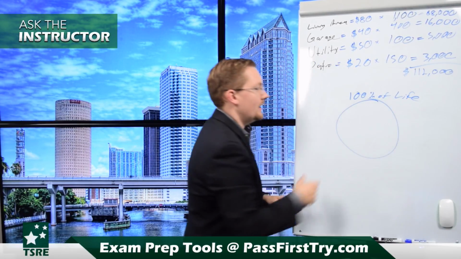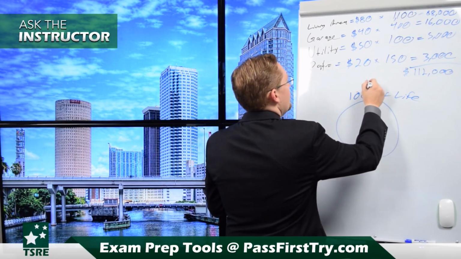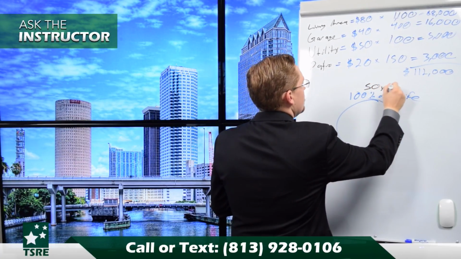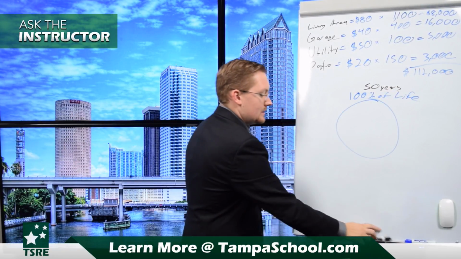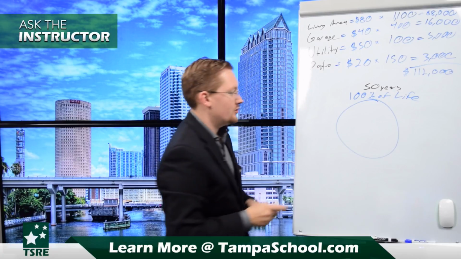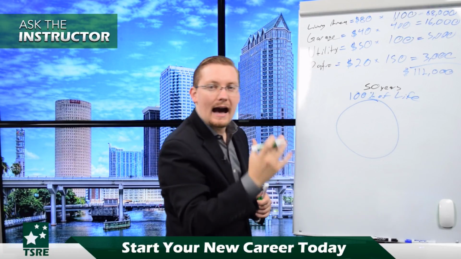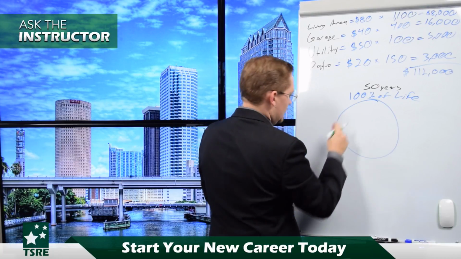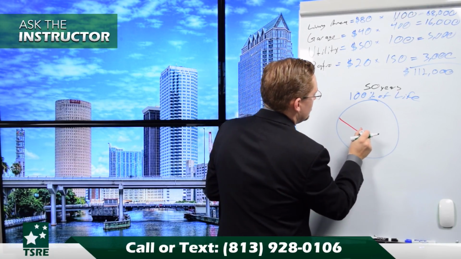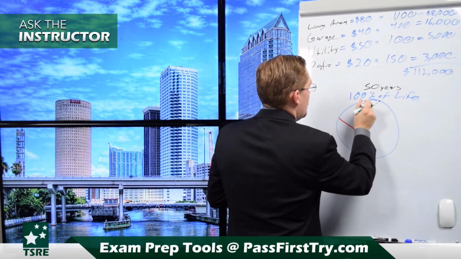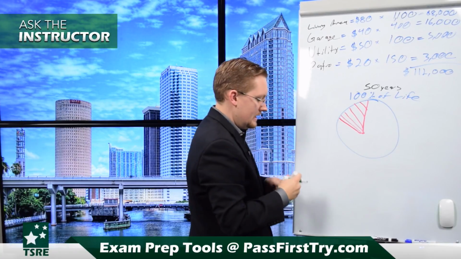Let's say the life on this property, this 100% life, is maybe 50 years. Now, out of this 50 years, let's say this property is 10 years old. So if it's 10 years old, out of these 50 years, that's going to be roughly about 20% of the property value, or the building value, I should say, that's gone.